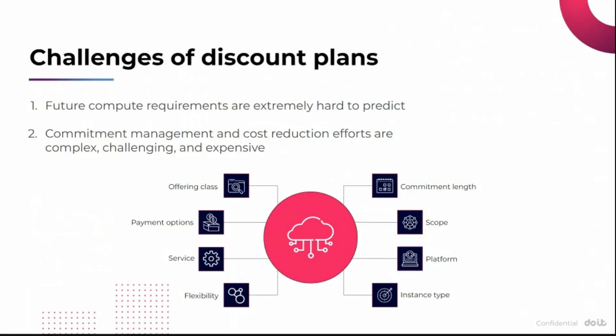Now, once you have these commitments, you will also likely have several of them that are expiring and renewing throughout the course of the year, which also require advanced tracking to make sure you're hitting your target goals. And this all represents a very big management challenge for a lot of these companies.